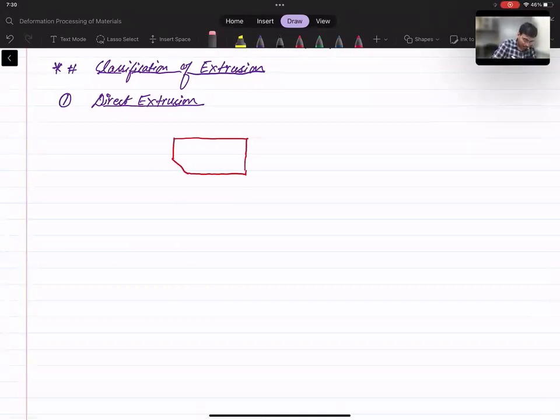Attached to the container, there will be dies. So this is the container, and this contains the billet. So this is the billet.